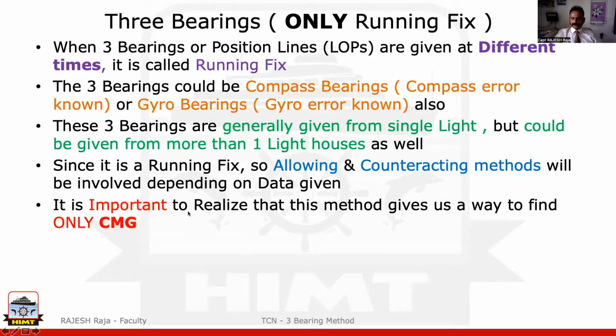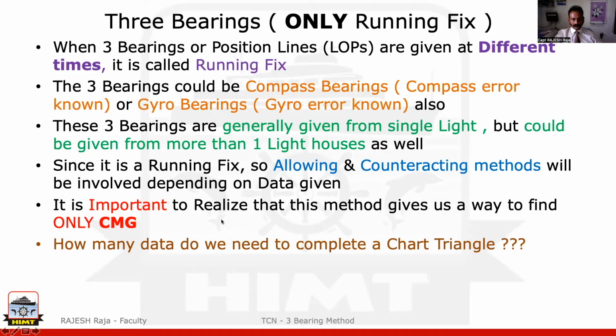Now, one thing you should realize is that this three-bearing method, which I want to show you, gives me only one data, called course made good. Only course made good, nothing else. This is important because otherwise you might make a mistake in the question.